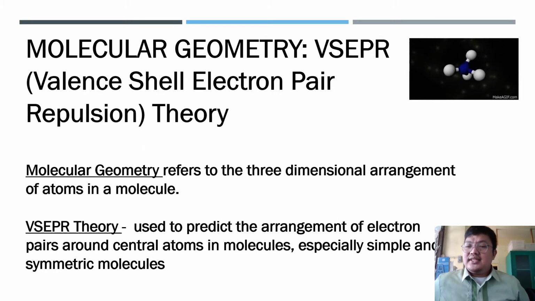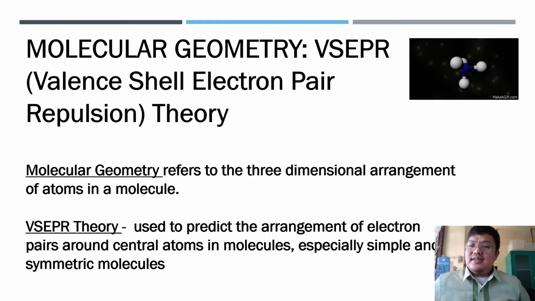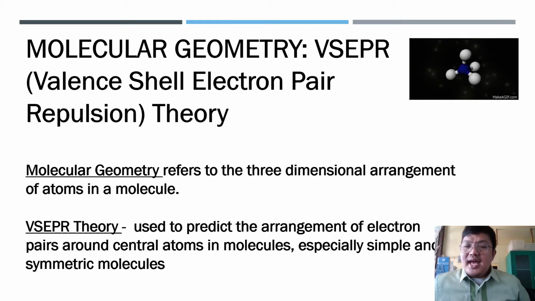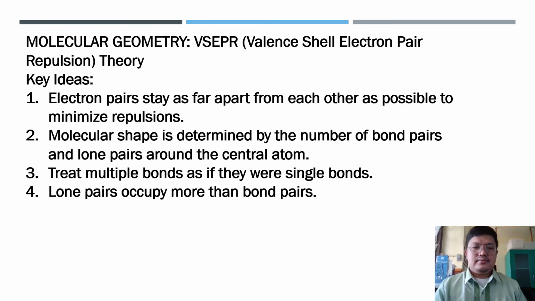It is used to predict the arrangement of electron pairs around central atoms in molecules, especially simple and symmetric molecules. So you will know this later because I will be presenting you a table for you to base your answer as to what type of molecular geometry a certain molecule has.